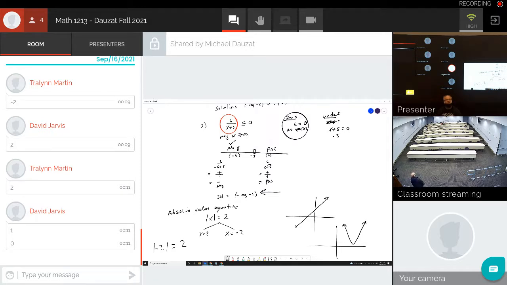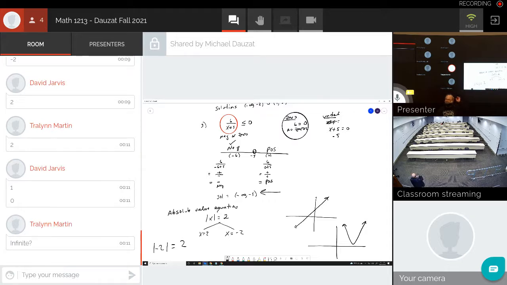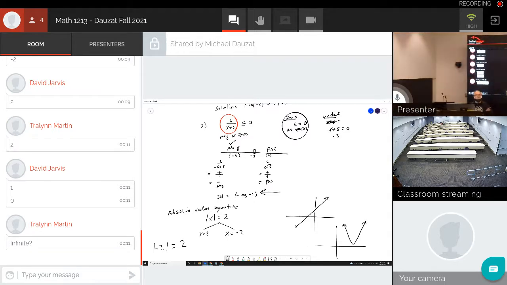What'd you say? I can't hear you. Infinity. There's an infinite number of solutions. That's why we put them as an interval, because you can't list them. Negative 5.86 is a solution to that inequality.